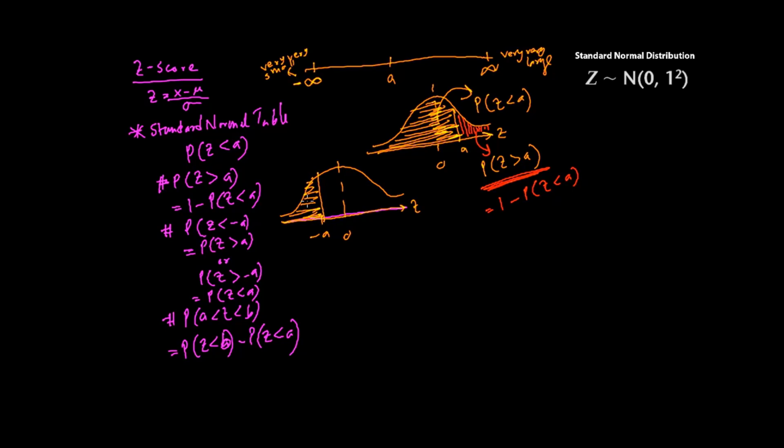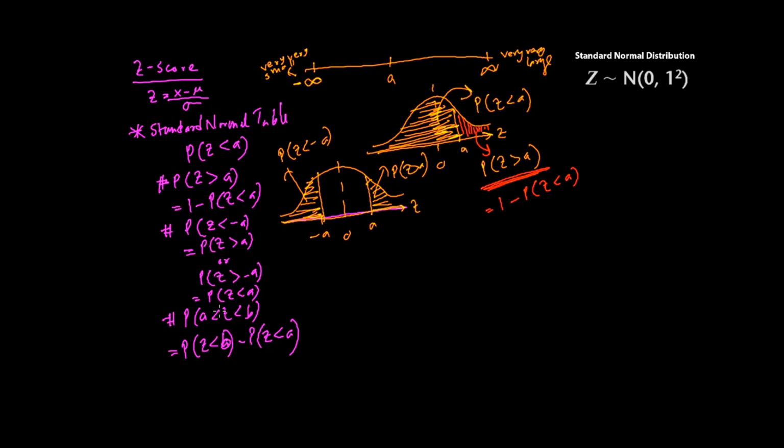Now if this thing is the probability of less than minus a, by symmetry, if there is an a here, it would exactly be the same, because this is bell shaped, this is 0, mean, mode and median equal. This and this are exactly the same. So this would be the probability of z is greater than a. That's why we have this rule that z is less than negative a is the same as z is greater than a. That's what I meant when I said by the law of symmetry. This is all that means. So this thing and this thing is the same.